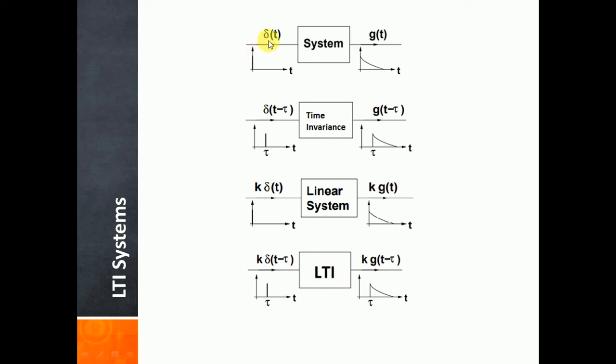So here is the original signal, you scale it by k, the magnitude. Here the output is scaled, and again if you delay the signal by tau, the output is also delayed by amount tau. So this is called an LTI system.